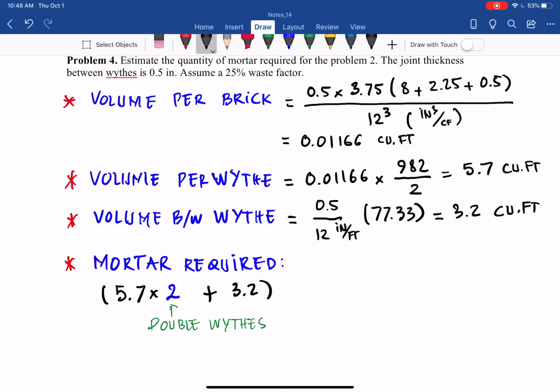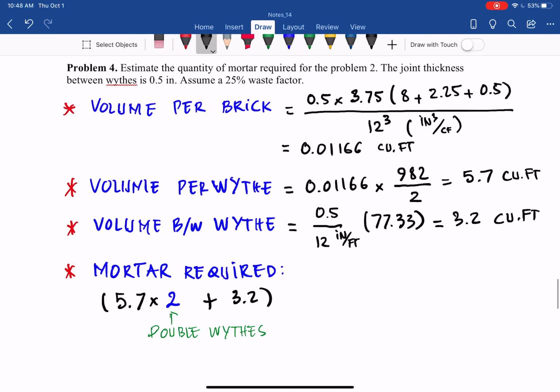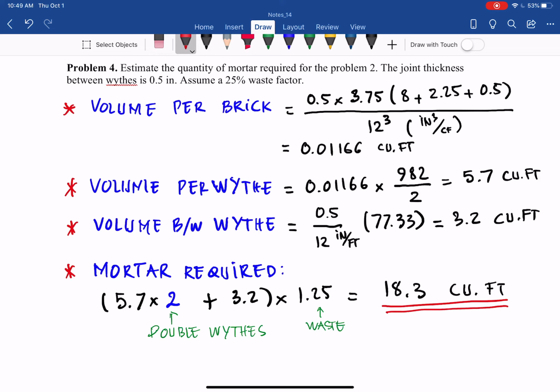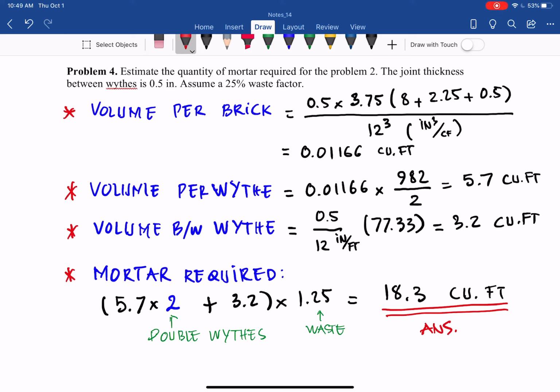And with that, we have to multiply by the waste factor of 25%, so times 1.25. The waste of mortar is more, 25% compared to bricks at 3%, which makes sense. So it's 18.3 cubic feet. That is the answer. What is the volume of mortar required for this problem? Again, this is problem 3.